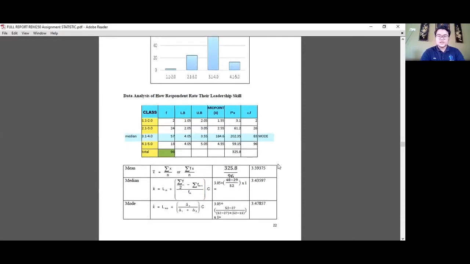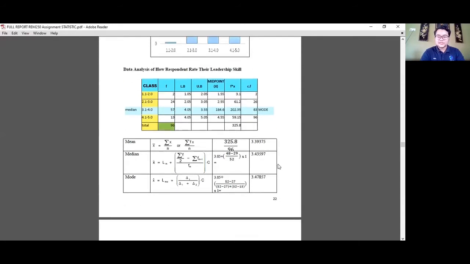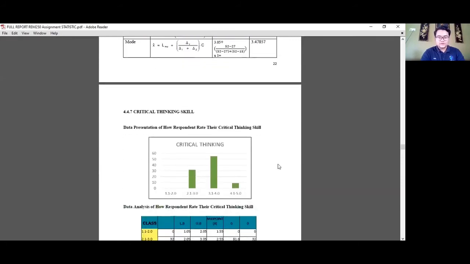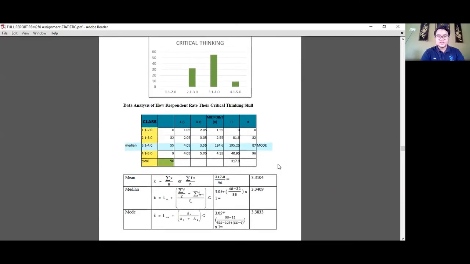Using the formula, we get the mean as 3.39375. The median is 3.43597, and the mode is 3.47857.